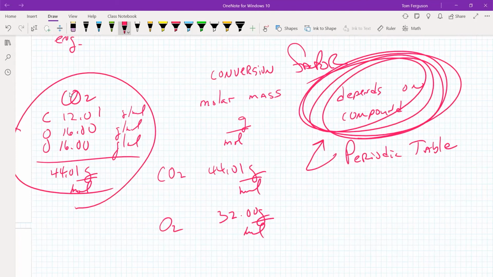So we have a new conversion factor in our cadre of conversion factors. We have the molar mass, grams per mole, and because it's a conversion factor, we also have moles per gram. And it's always per 1 mole.